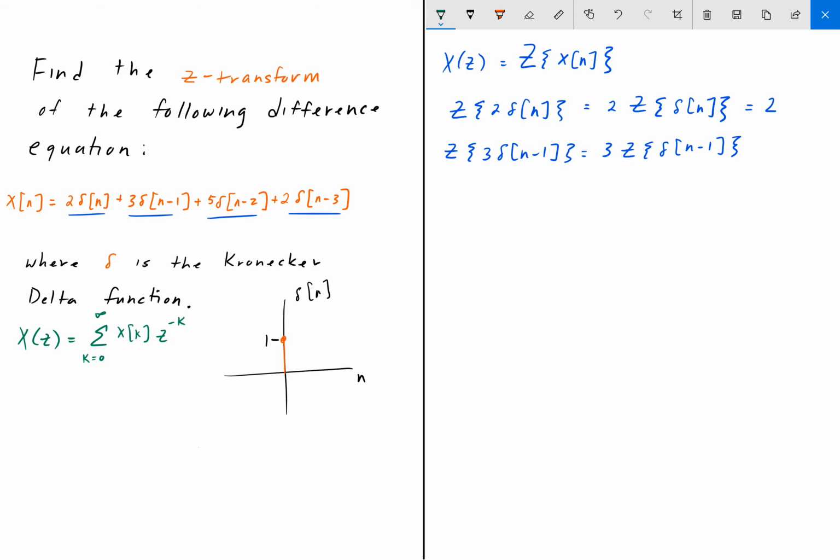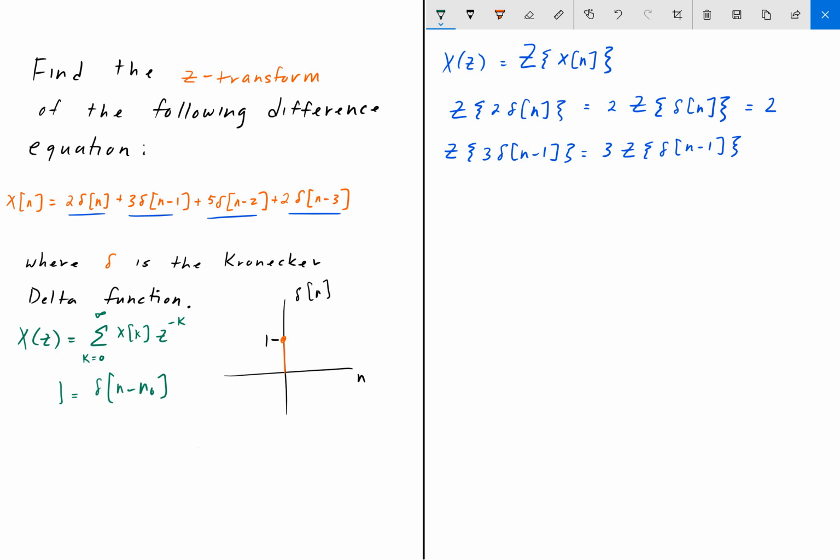And so that's the definition of the z-transform. Then we're going to try to find the z-transform of the delta function shifted by an arbitrary position that we'll call n0. So we want to find the z-transform of the delta function of n minus some shift n0.